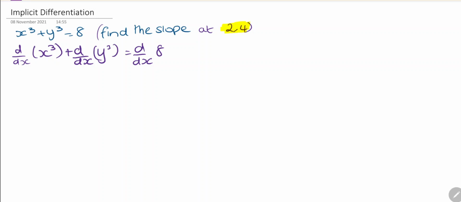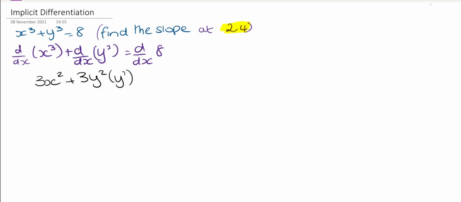So first of all, if we take the derivative of x cubed, so using the power rule, we have 3x squared. Now we're going to take the derivative of y cubed, we're going to use the power rule, so we've got 3y squared. But then we're going to multiply this by the derivative of y, because we've multiplied this by dy dx. So this is the derivative of y.